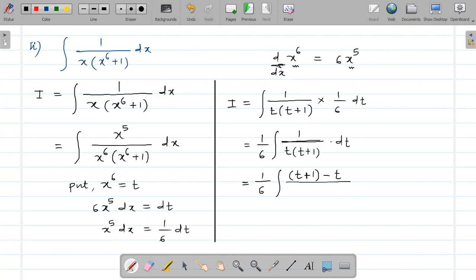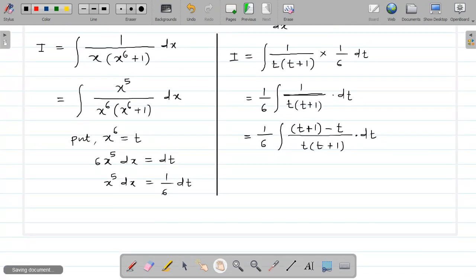So we express the numerator in terms of denominator like this, because the numerator contains 1 only. So 1 can be expressed as t plus 1 minus t divided by t into t plus 1. So this is a very important adjustment to get the answer.